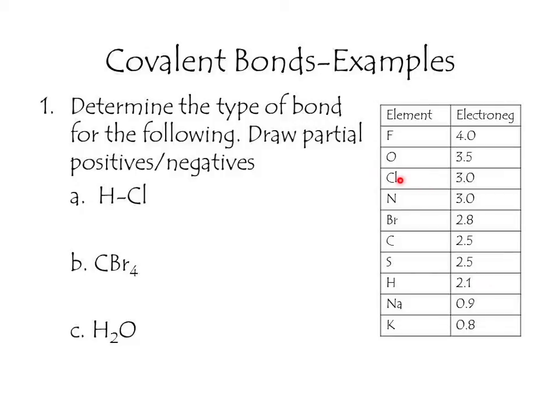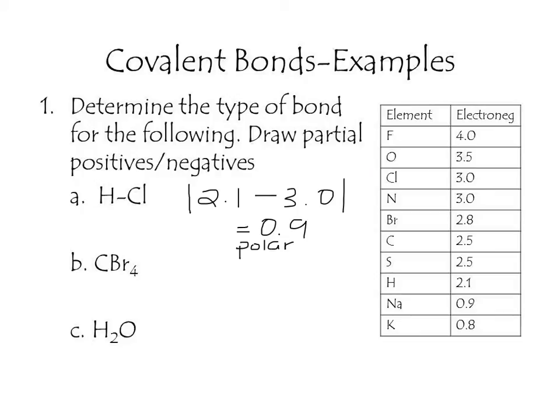When we are looking for the character, basically you're going to take the absolute value of the difference of the electronegativity. So 2.1 is electronegativity of hydrogen, and chlorine is 3.0. When I take the absolute, I end up with 0.9. This tells me, if I look at the chart, this falls under polar covalent bond.